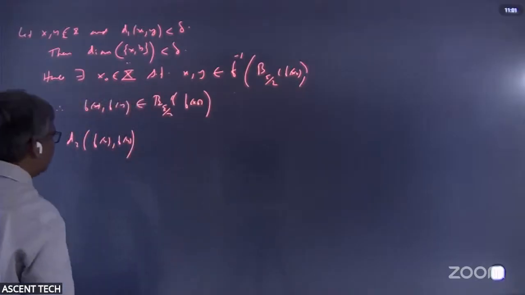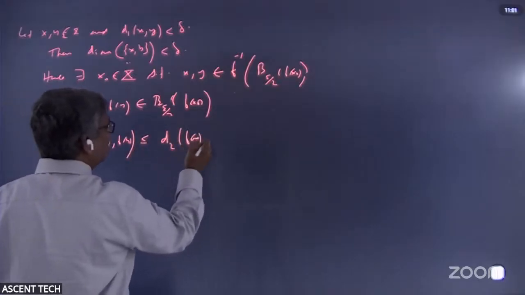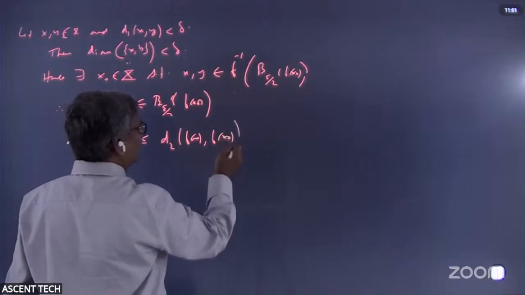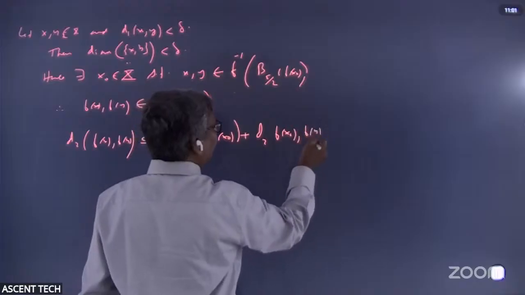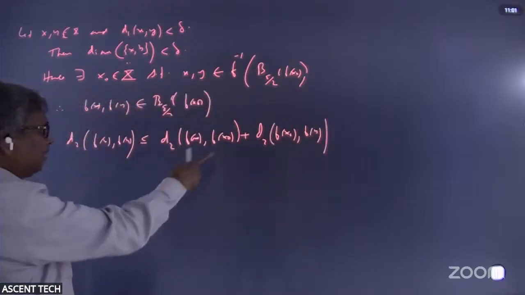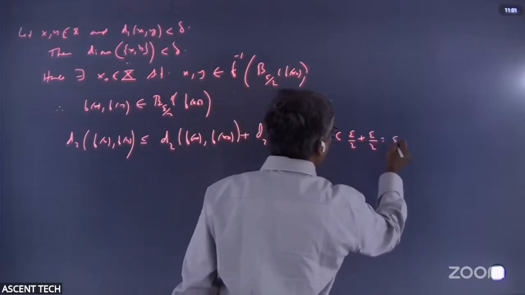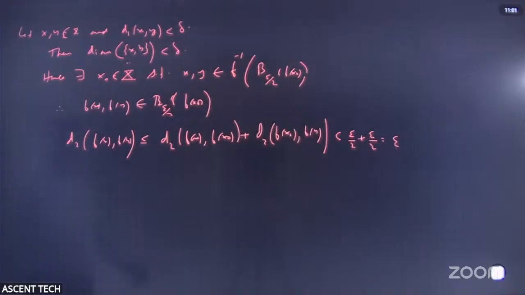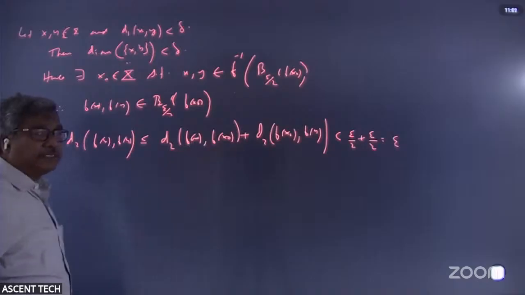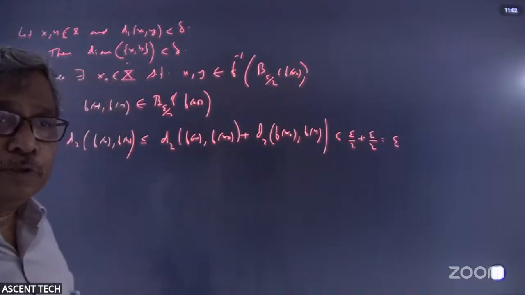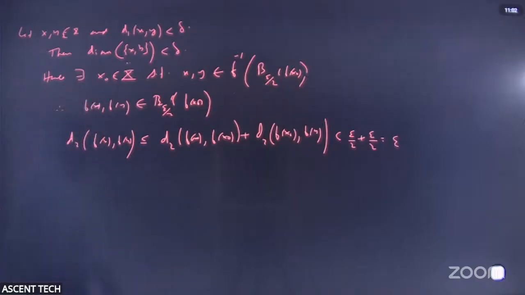So the distance between them is less than or equal to the distance between f of x and f of x naught plus the distance between f of x naught and f of y. But each is less than epsilon by 2. So less than epsilon by 2 plus epsilon by 2, which equals epsilon. So we finished. If the distance between x and y is less than delta, the distance between f of x and f of y is less than epsilon. For every epsilon greater than 0, I'm able to choose the delta doing that. Therefore, f is uniformly continuous. This completes the proof.